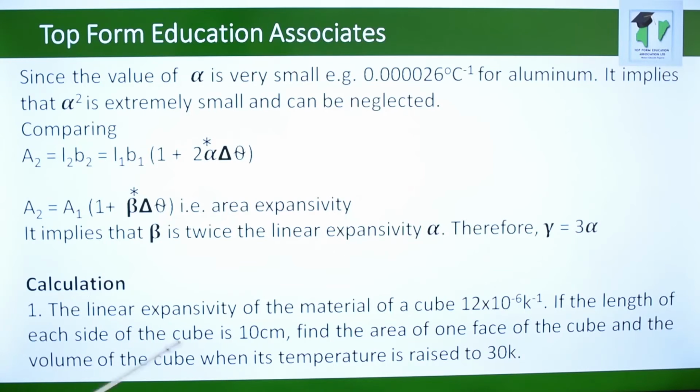Now I want to see how we can use these formulas derived to solve problems, to see how alpha, beta, and gamma are related. I have example 1. The linear expansivity of the material of a cube is 12 times 10 to the power minus 6 per Kelvin. If the length of each side of the cube is 10 cm, find the area of one face of the cube and the volume of the cube when its temperature is raised to 30 Kelvin.